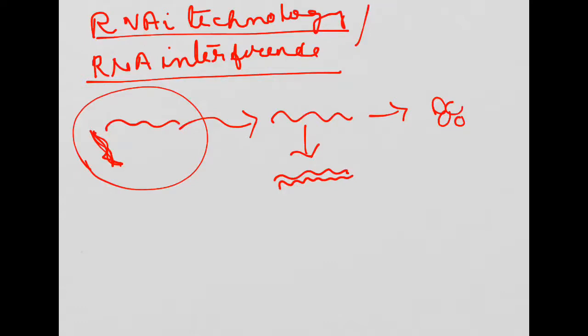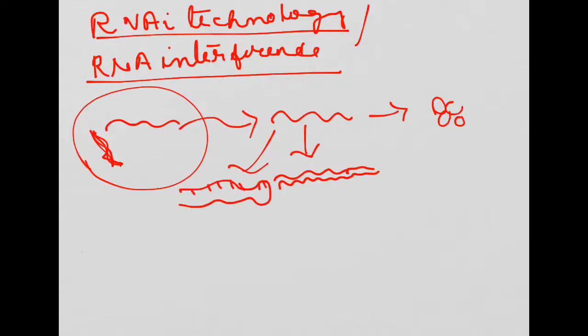are transcribed, they have complementary sequence, they might form a long stretch of double-stranded RNA molecule, or sometimes it may happen that the mRNA molecule has so much complementarity that it will form loop-like structures.